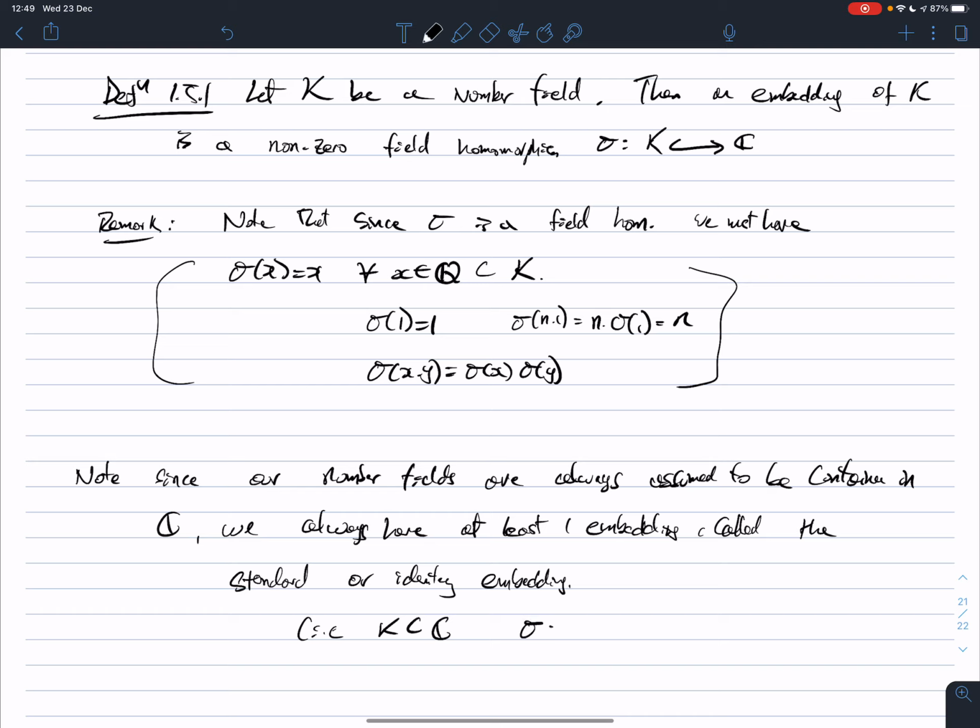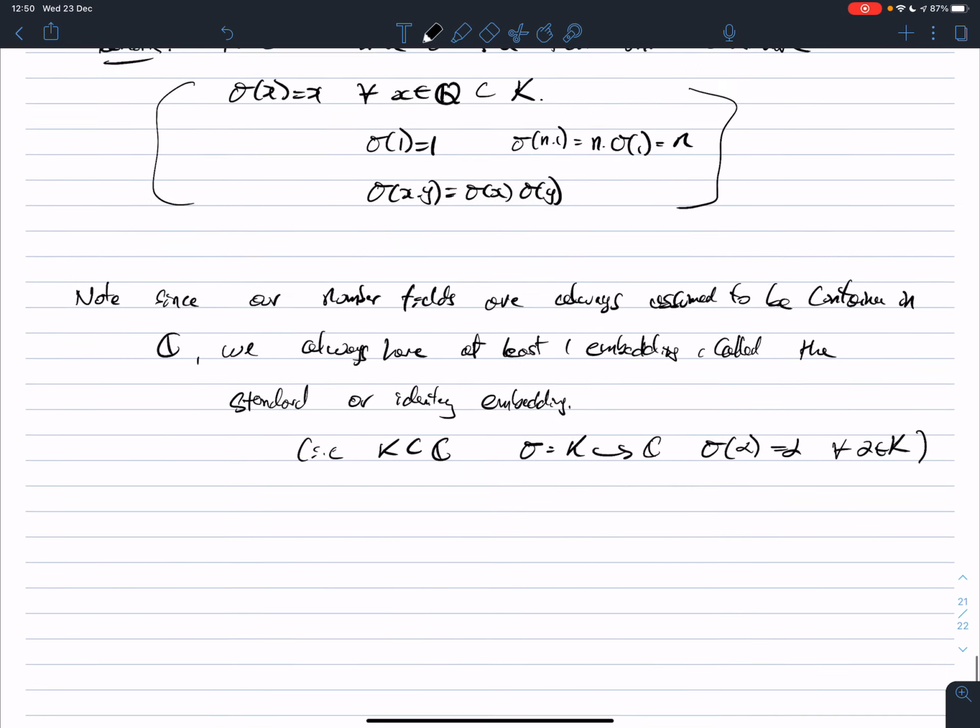So we have this map from K into the complex numbers, where sigma of alpha is just alpha for all alpha in K. This is the identity or the standard embedding.